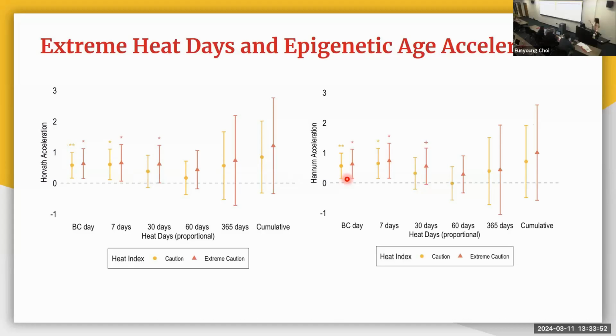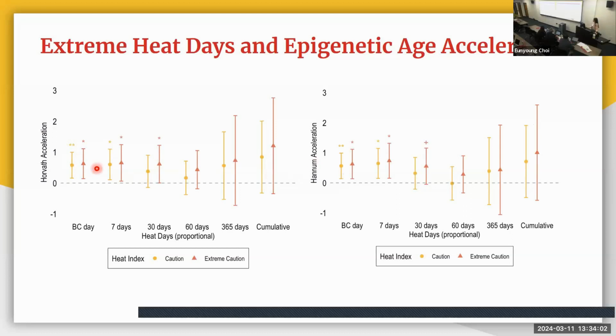And when we look at the extreme caution level, which is a more severe heat condition, we see a little bit greater magnitude of the association for blood collection day, 7 days, and 30 days. And then, for example, the 30 day window was only significant for the extreme caution level for Horvath acceleration.